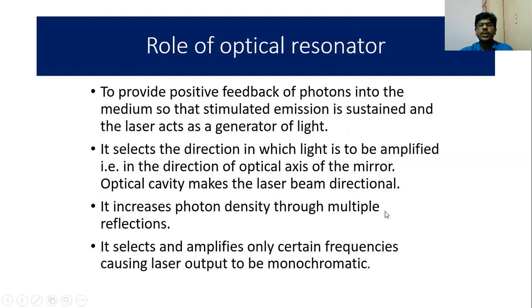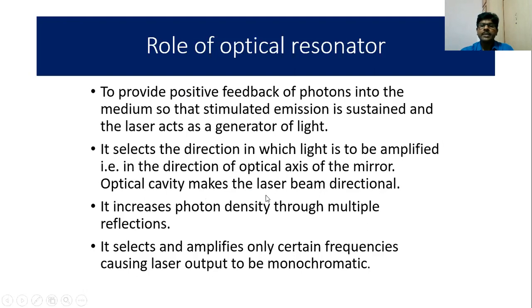Now what is the role of an optical resonator? To provide positive feedback of photons into the medium so that stimulated emission is sustained and the laser acts as a generator of light. It selects the direction in which light is to be amplified, that is, in the direction of the optical axis of the mirror.